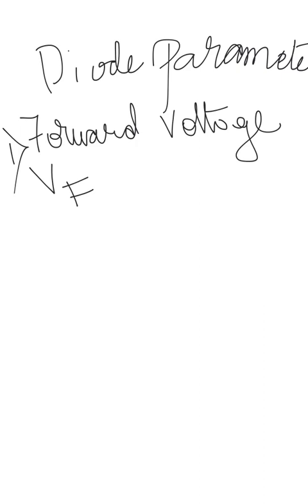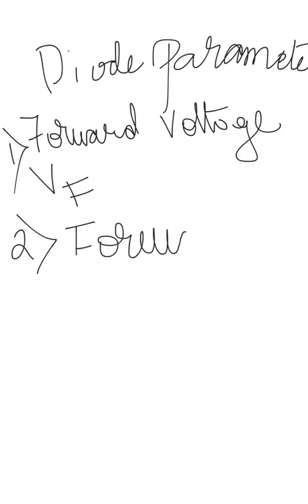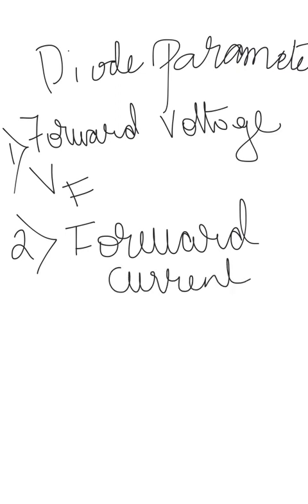The second parameter is forward current. It is the current flowing through the forward-biased diode due to the majority charge carriers. It is usually measured in milliampere.